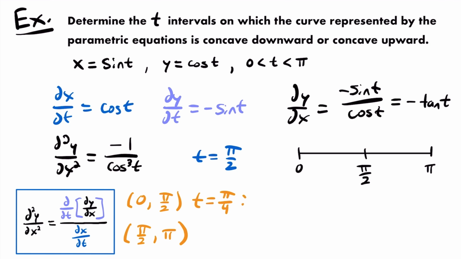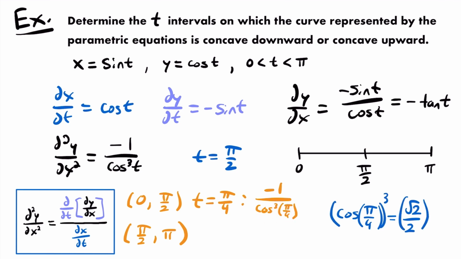And so when t equals pi divided by 4, let's plug that into our second derivative. We'll have -1 divided by cosine cubed of pi divided by 4. Now cosine of pi divided by 4, that's equal to the square root of 2 divided by 2. And so if we have cosine cubed of pi divided by 4, we just have to cube both sides. And so the square root of 2 cubed will be the square root of 2 times itself 3 times.